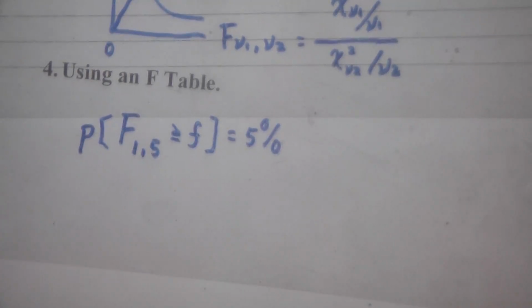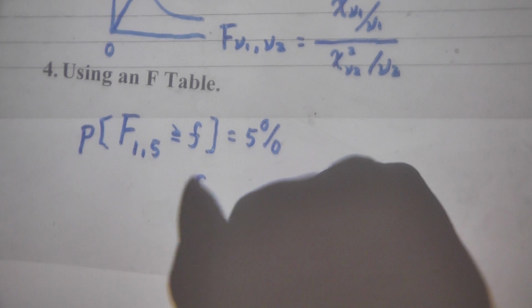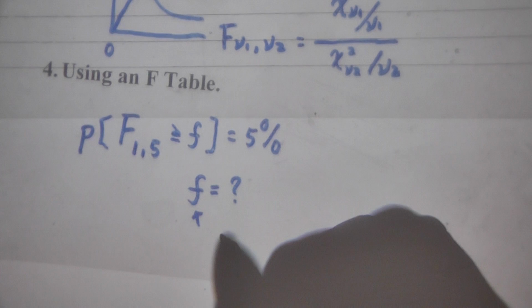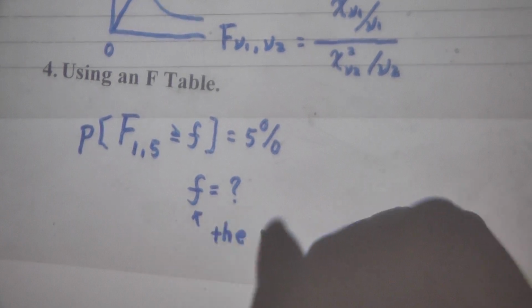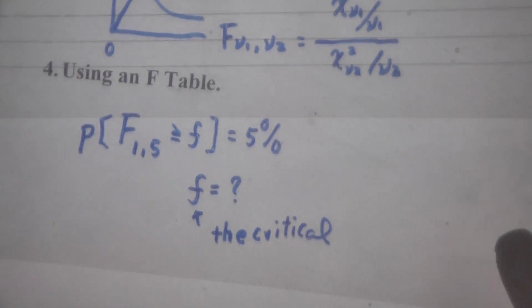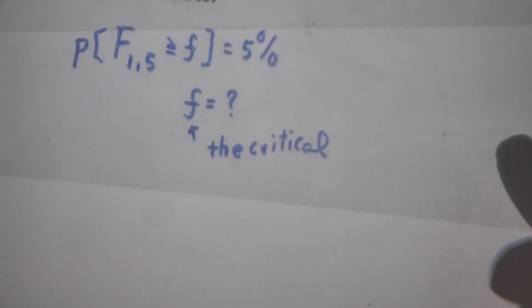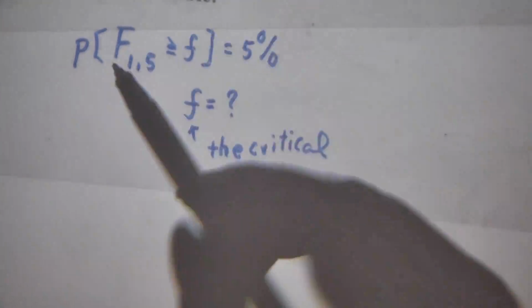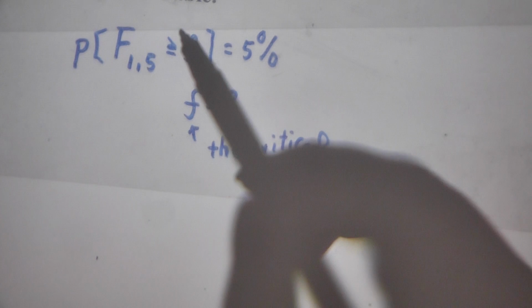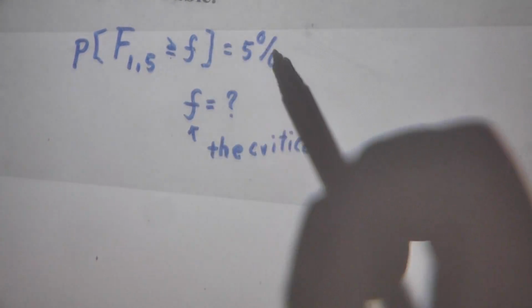In order to find the corresponding F value, or you say this critical F value, how can we use a table to find this value? Okay, say the degrees of freedom for the numerator is 1, the degrees of freedom for the denominator is 5, and the probability of being greater than or equal to F is 5%.